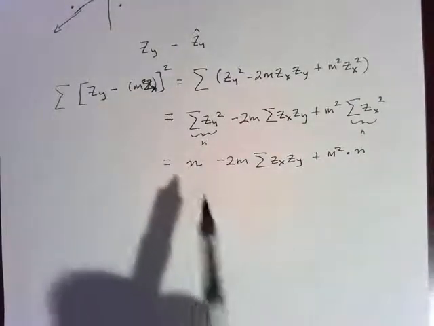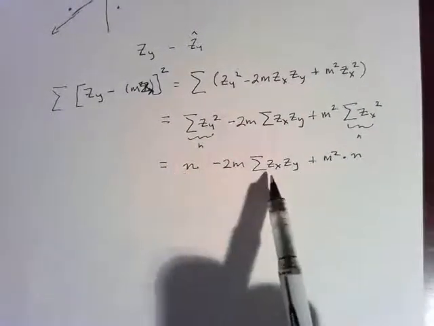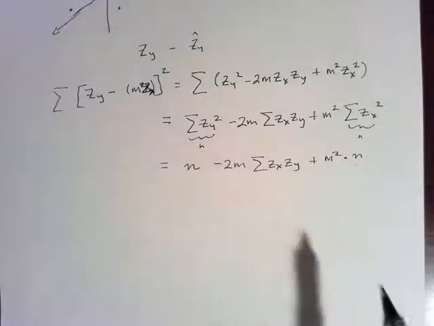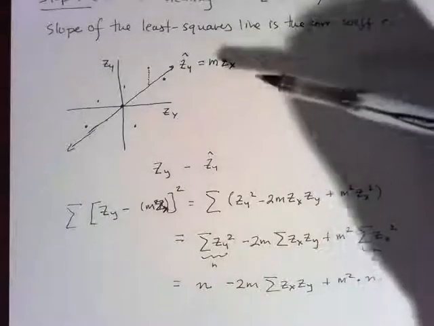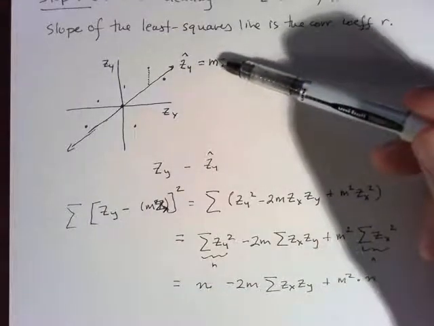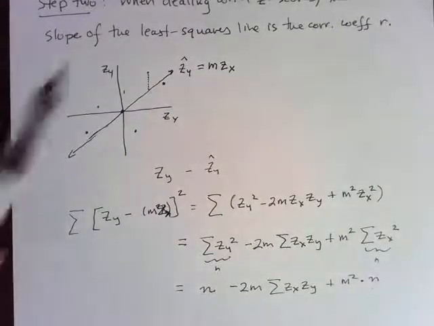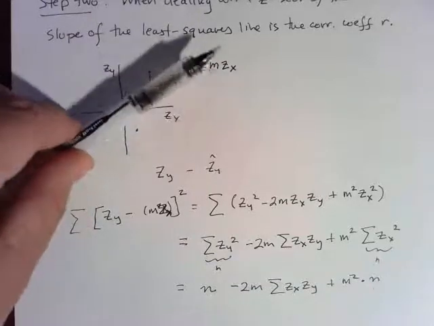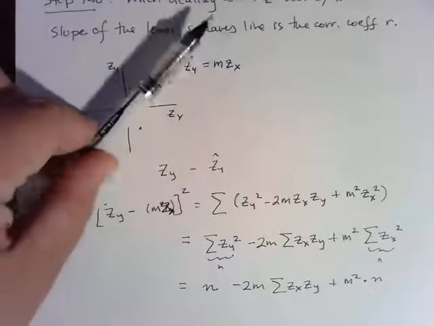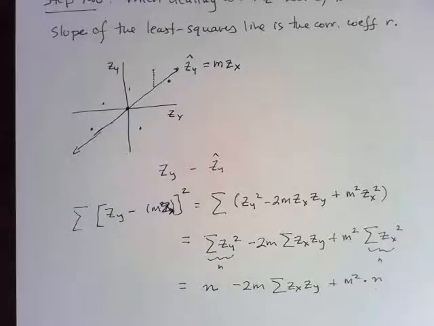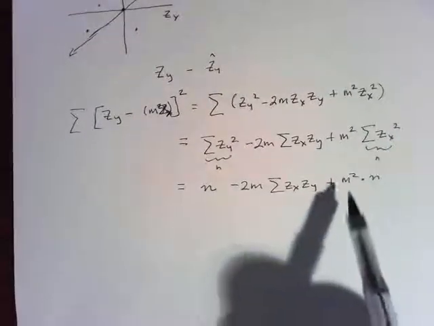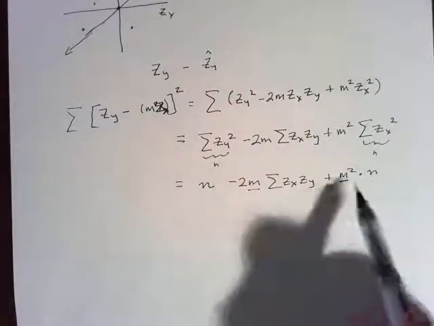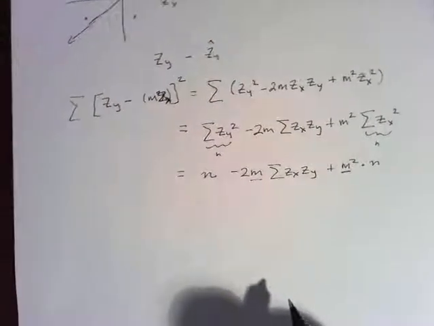Now everything here is based on the data set, this is based on the data set, this is based on the data set. The only thing that can change here is the slope, m. I want to know what slope of this line here minimizes the sum of the squares of residuals, and I'm going to prove that it's the correlation coefficient r. So I want to consider this expression as a function of m. So think of this where m is the variable, it's the thing that's changing.